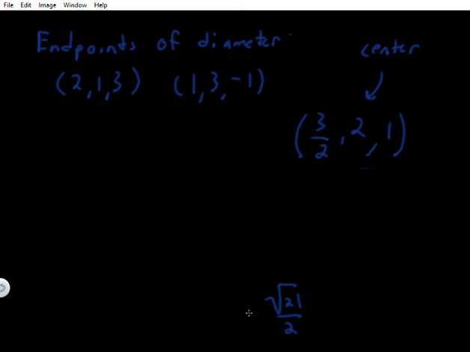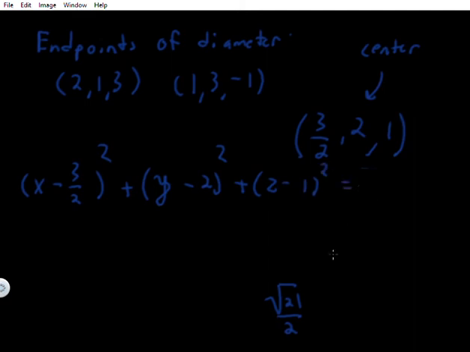Now the equation of the sphere is x minus 3 over 2 squared plus y minus 2 squared. I'm just taking from the center here. Plus z minus 1 squared is equal to, don't forget to square this. This is just r. So r squared would be 21 over 4. And this is our answer here.